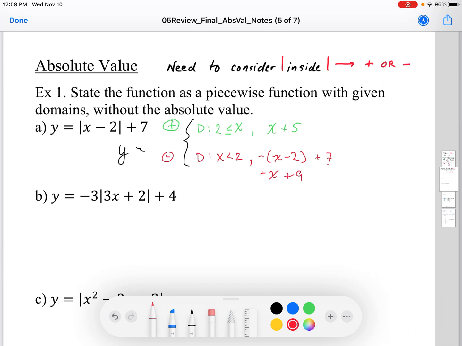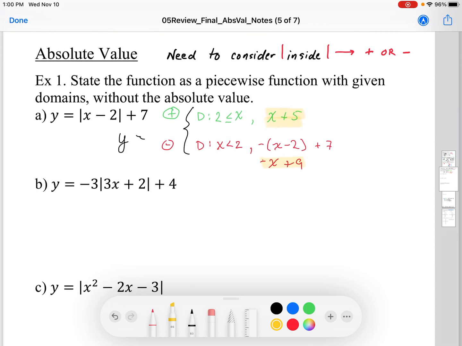So my piecewise function is going to be made of those pieces here. It's going to be made up of x plus 5 when x is on the right side of 2, and it's going to be equal to negative x plus 9 when it's to the left of x equals 2.